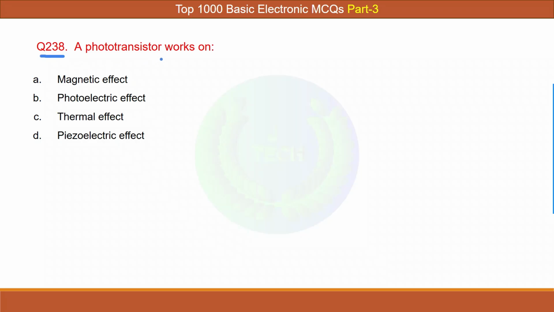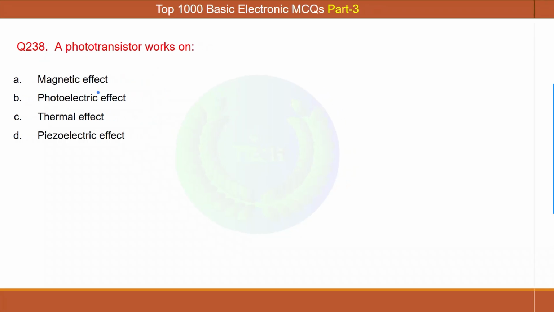A phototransistor works on option A magnetic effect, option B photoelectric effect, option C thermal effect, option D piezoelectric effect. The answer is option B photoelectric effect.